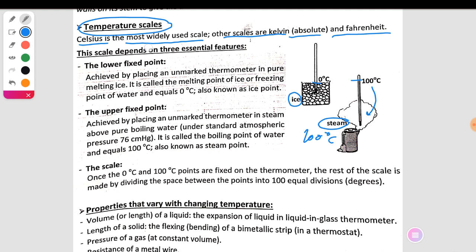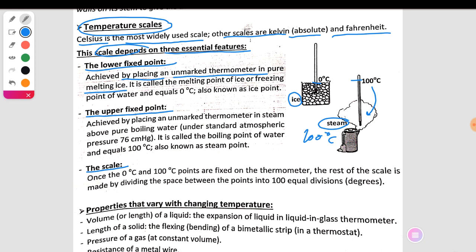These scales depend on three essential features. Number 1, the lower fixed point. Number 2, the upper fixed point. Number 3, the scale. The lower fixed point is achieved by placing an unmarked thermometer in pure melting ice, because it has a temperature of 0.